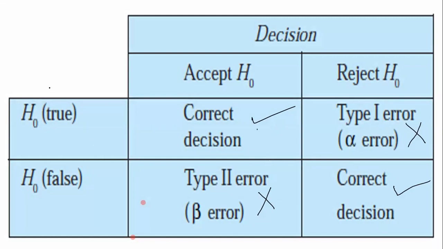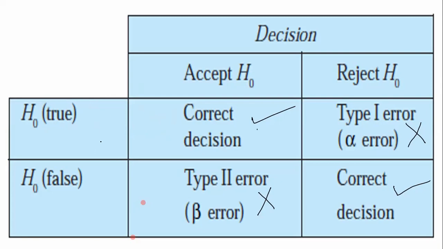So suppose there is one suspected person who is supposed to have done some crime. We have not yet proved that he is really a criminal, but the fellow is suspected, and then there is a hearing in the court, with so many witnesses, and the entire procedure is followed.